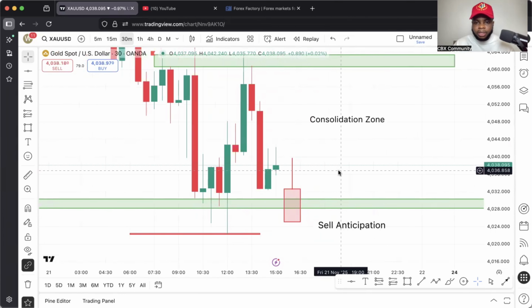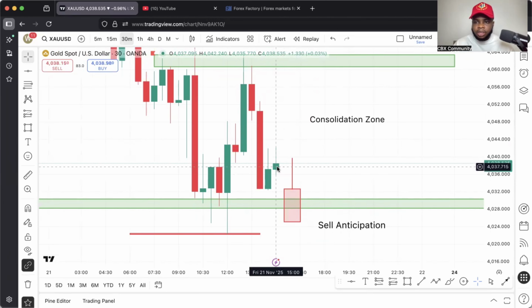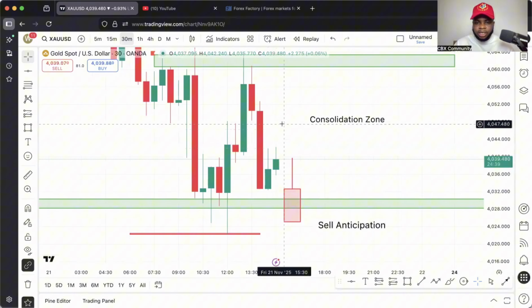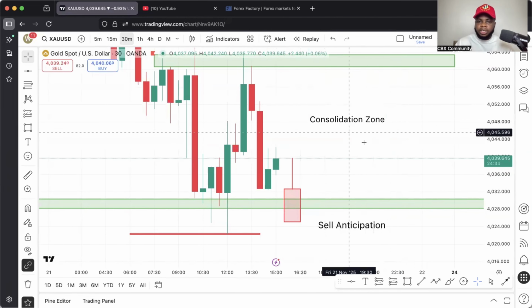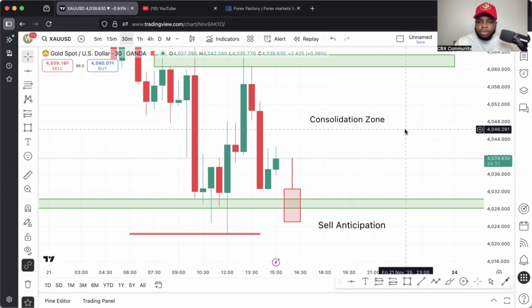The candle came back down to create a wick, so that means the candle can continue to go up. Since it has broken the high of this bullish candle over here, it can continue to go up. But looking at the formation of this candle, this zone is being considered as a consolidation zone, so we can't really do anything in this zone.